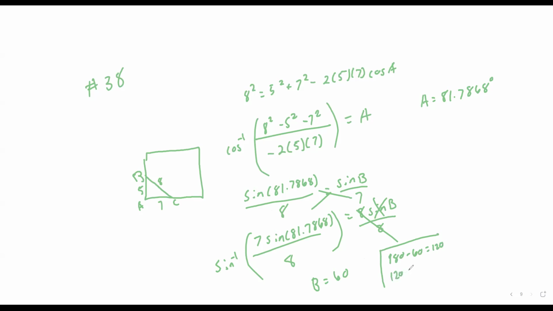So 120 plus 81.7868 equals about 201.7868, which is greater than 180. So that process does not work. I get to stick with the 60, which now means all I have to do is add these two numbers up and subtract from 180. But you have to do that check first.